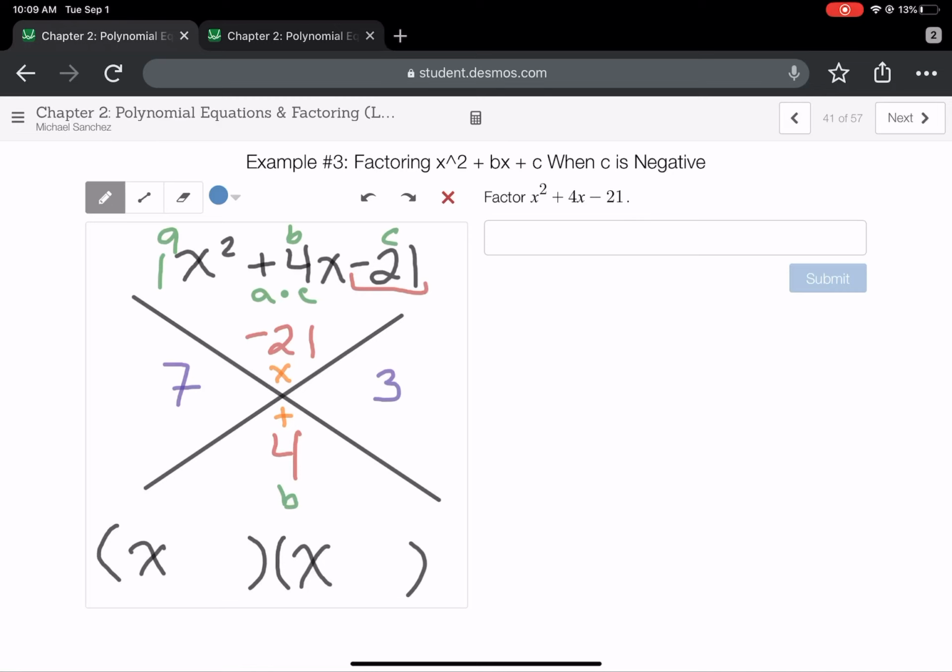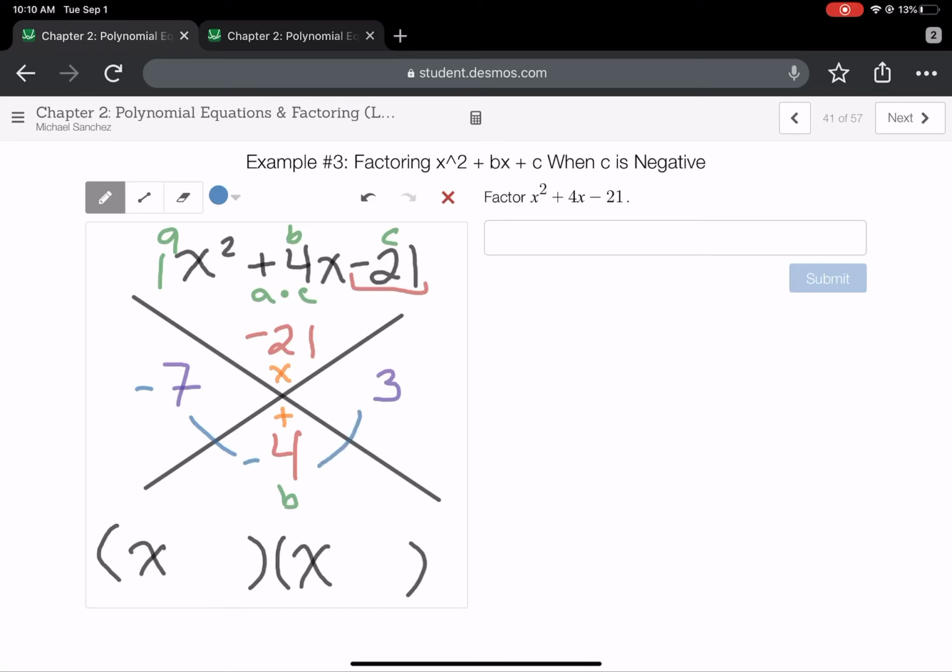Okay, and you have to be very strategic about it because you also want the sum of these to give you a positive 4. If I make the 7 negative, these are going to multiply to give me negative 21 because a positive times a negative gives me a negative 21. All right, but if I add these two together, it won't give me a positive 4.